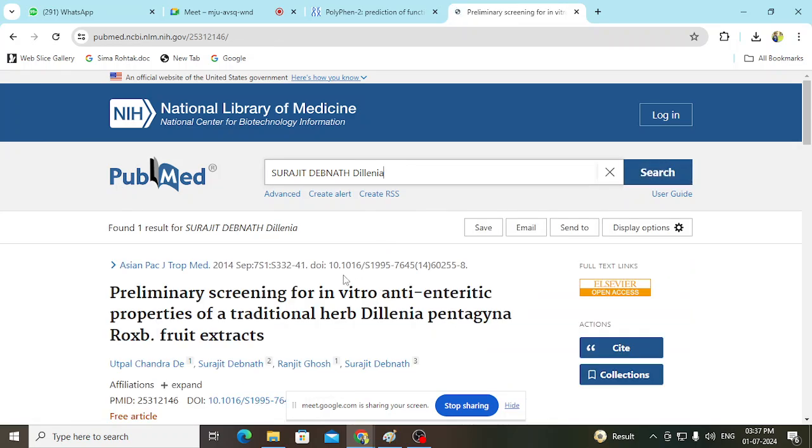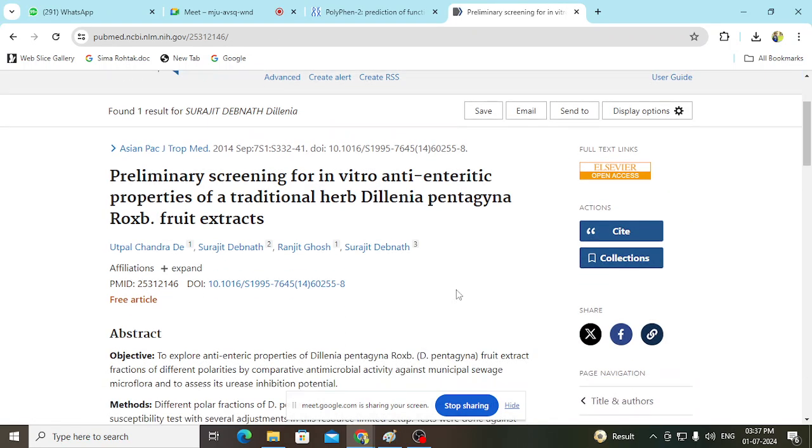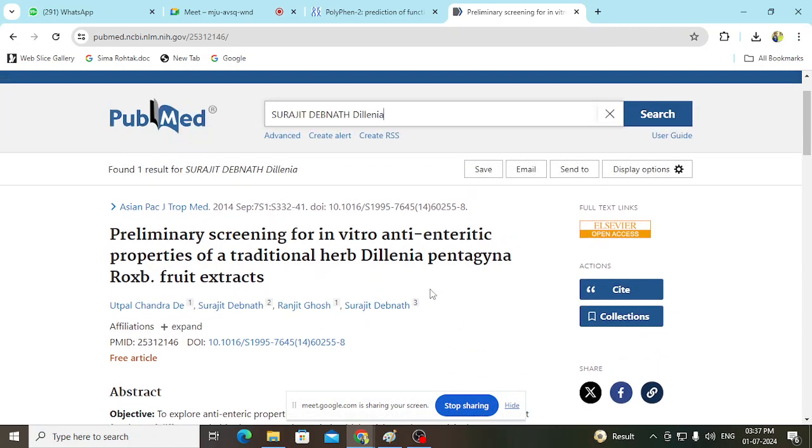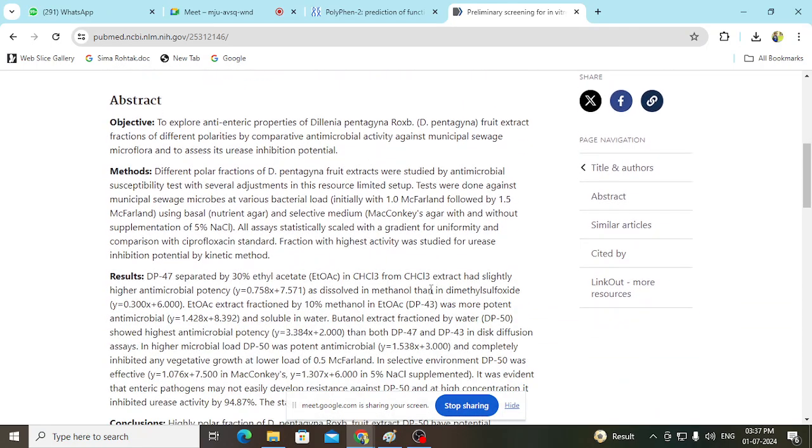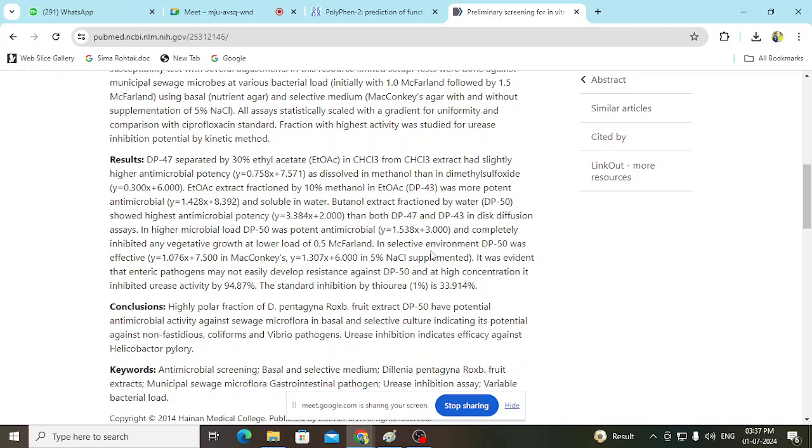Yes. Okay, so this is an example of a research which is completely wet lab based research.